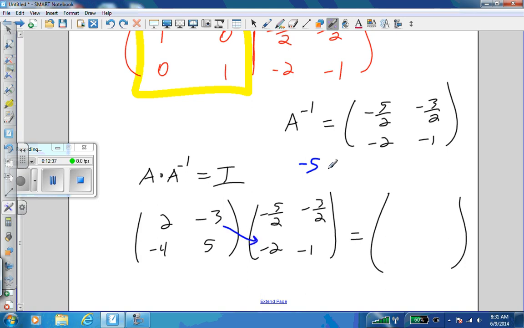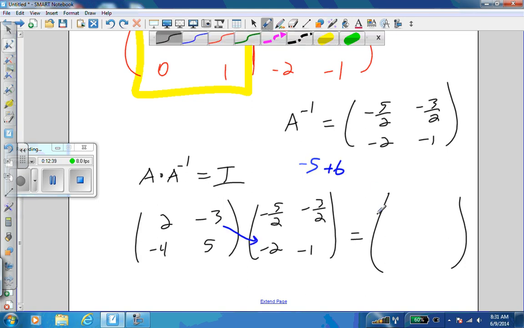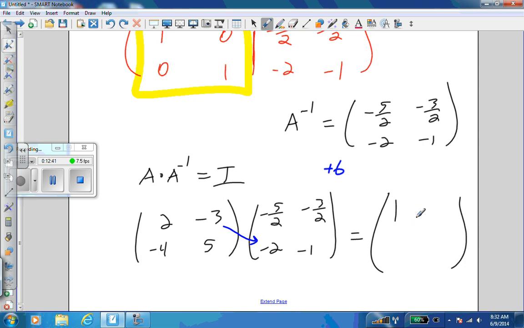Multiply those together, and that's positive 6. So that gives us 1 there. Then the first row times the second column, 2 times that, the 2's cancel, so that gives us minus 3. Minus 3 times minus 1, that's plus 3.